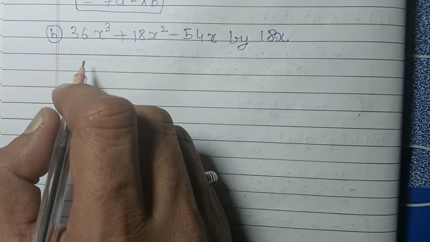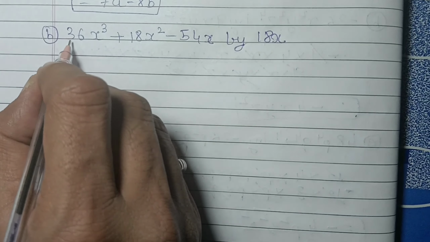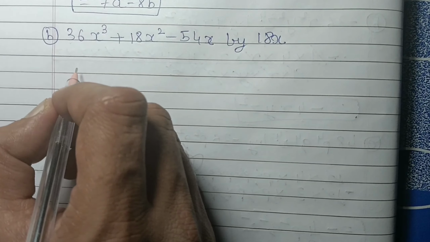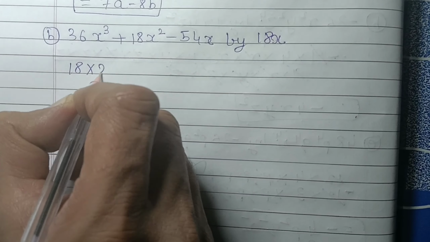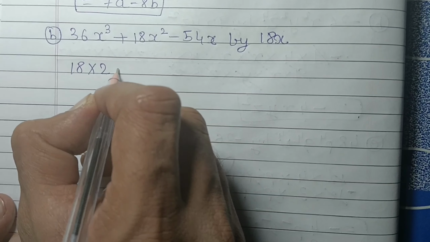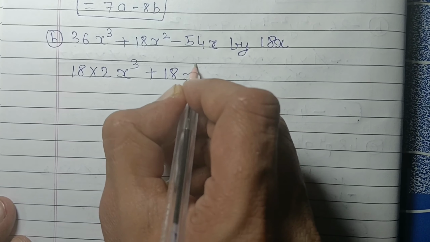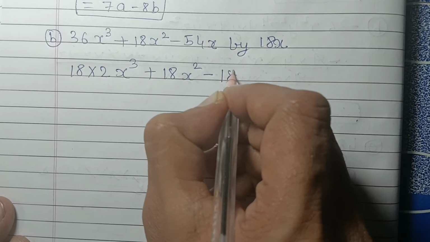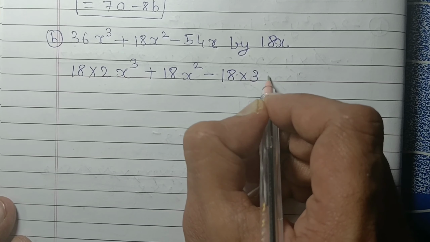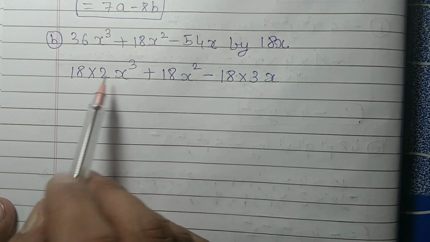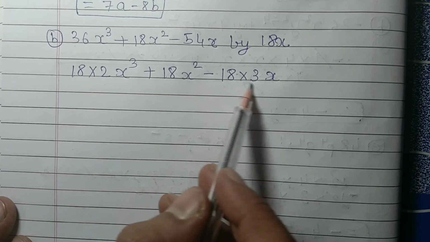So if we write these three terms in the terms of 18, then this is 18 2s are 36x cube plus 18 is itself 18x square minus 18 3s are 54x. We can see we can take out 18x common from this.